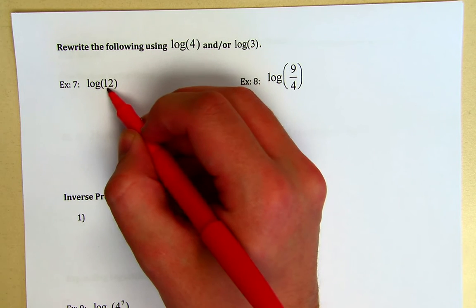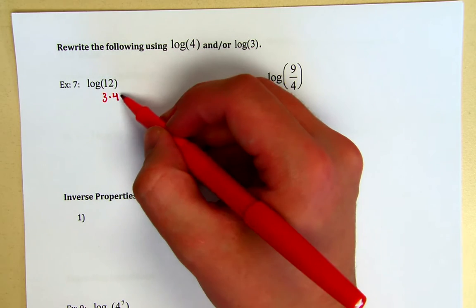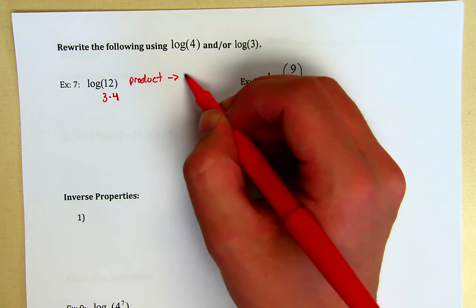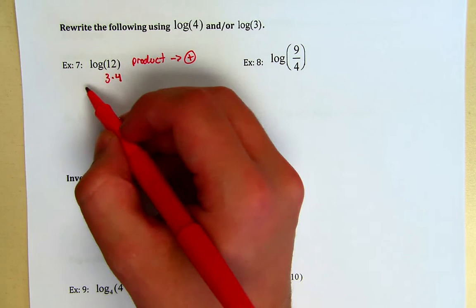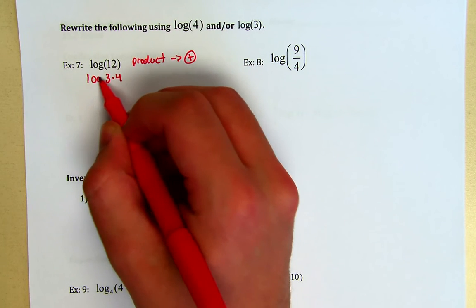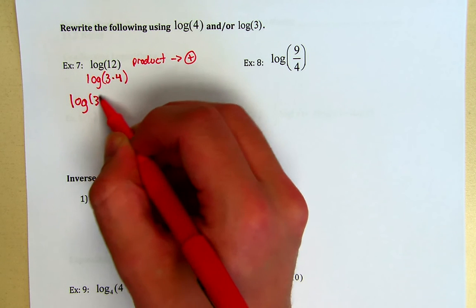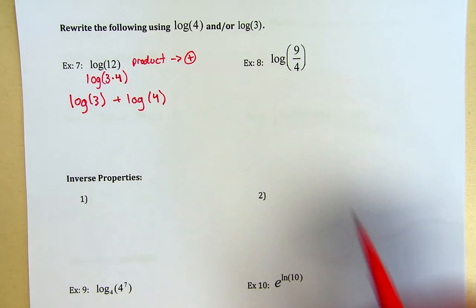Well, hopefully you realize 12 is 3 times 4. Well, that's that product rule. If it's a product, remember that you're going to add two logarithms together. So I have log of 3 times 4, which will then break up and be log of 3 plus log of 4.